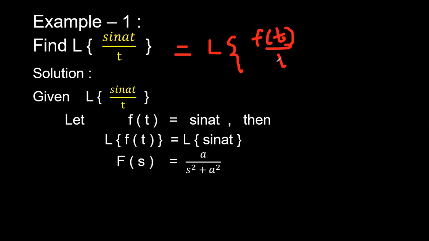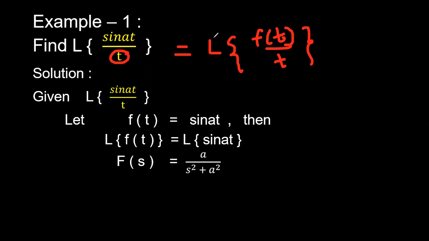You have to identify which method the given problem is related to: either multiplication by t method, division by t method, integral form, or first shifting theorem form, whatever it may be. Here in the denominator you have t, so that's why it is the Laplace transform of f(t) by t method.